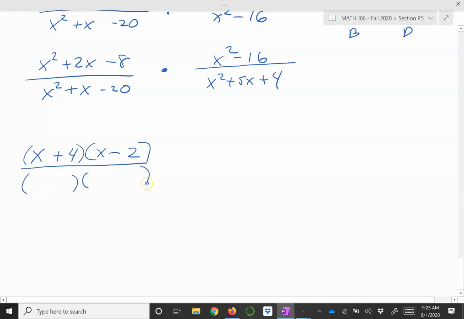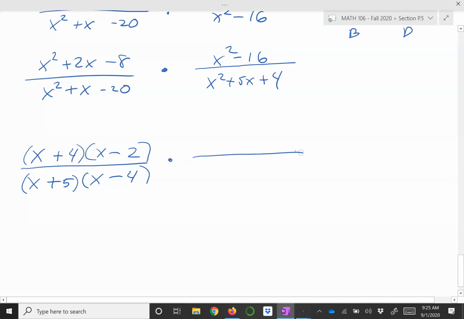How about this bottom one? X has to be here. And what factors of 20 can give you a single x? 5 and 4. Now, let's see. To get a positive x in the middle, we would have a plus 5x and then minus 4x, right? All right, multiplied.